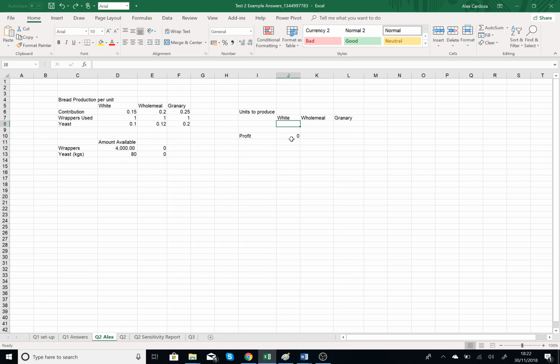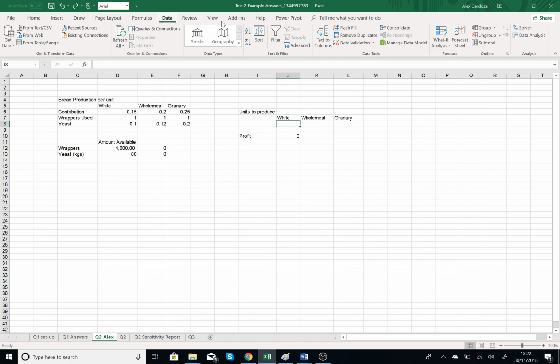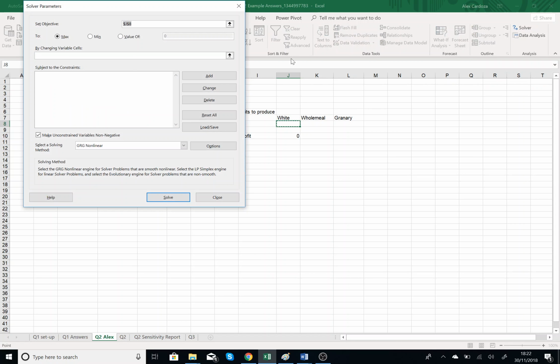Okay, so now what we're going to do is we're going to put in our constraints. So you've set it up now, you've set it up nicely for the constraints to work. We're going to go to data, choose a solver, simplex LP, yeah.